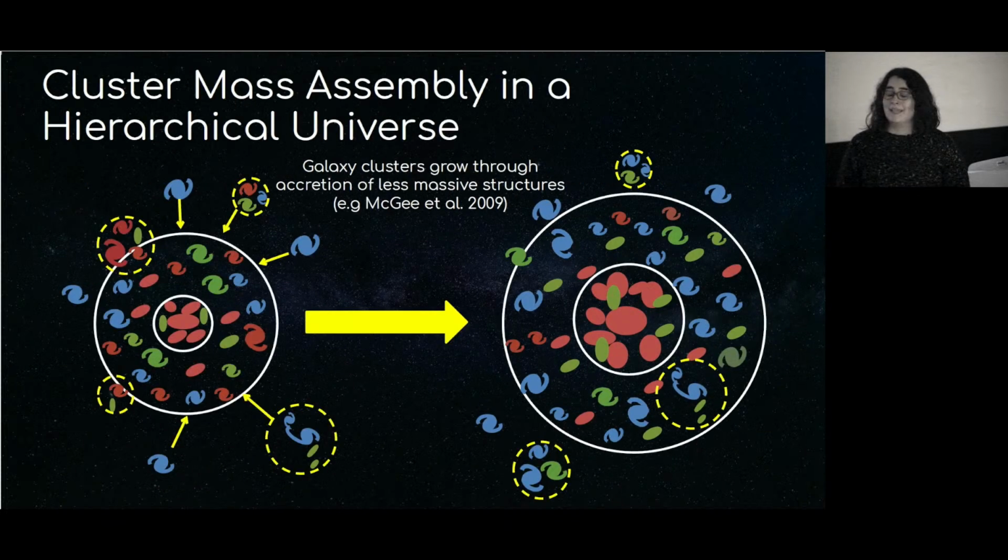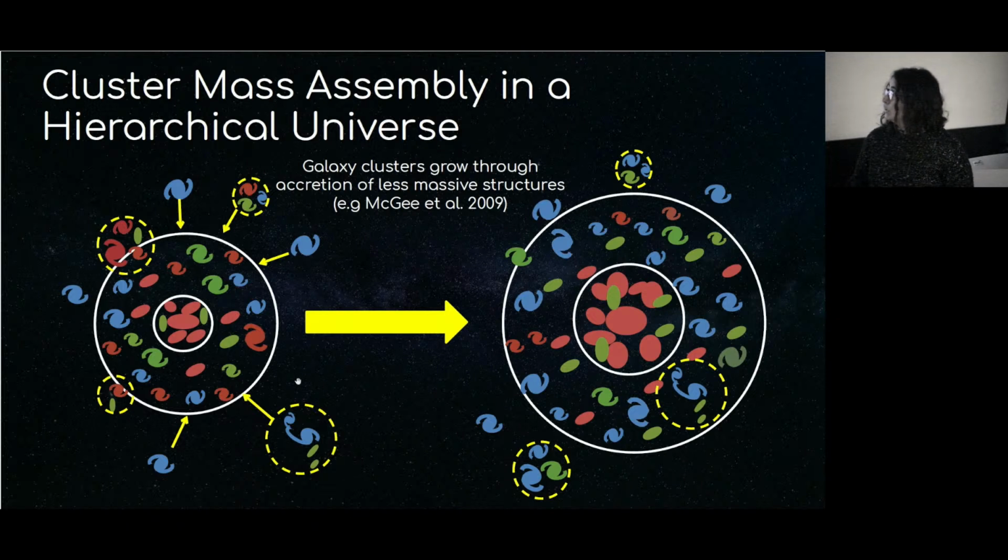Also, through the hierarchical paradigm, galaxy clusters grow and increase their mass through the continuous merger of less massive structures. In this way, it is very crucial and interesting to study galaxy properties in the outer regions of galaxy clusters, because we can connect the evolution of galaxies with the formation of large structures like galaxy clusters.